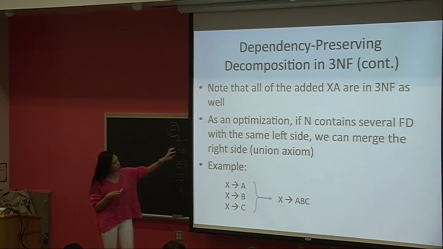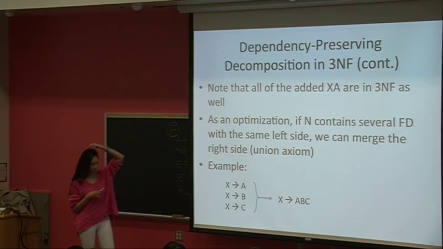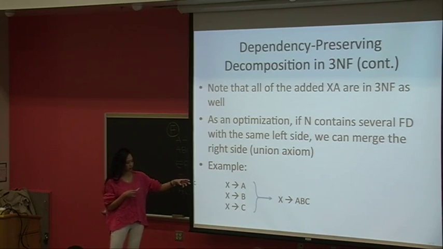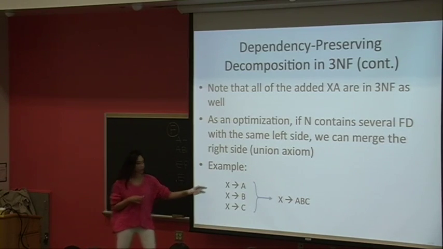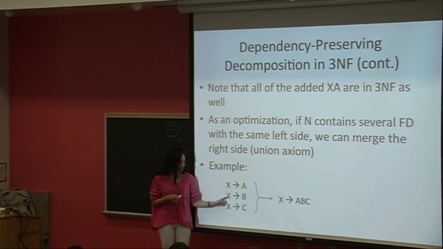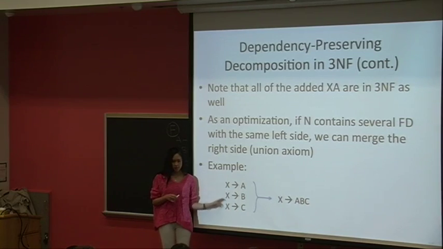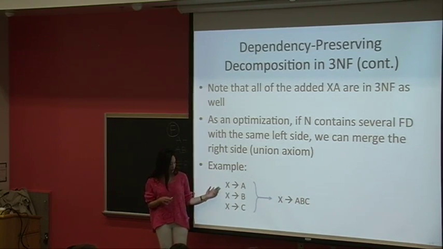And also, here we're talking about if you have lots of functional dependencies in the set N that all share the same left side, you can actually combine them. For example, if you have X determining A, X determining B, and X determining C in your N set, these are all missing from the functional dependencies in your final result of the decomposition.